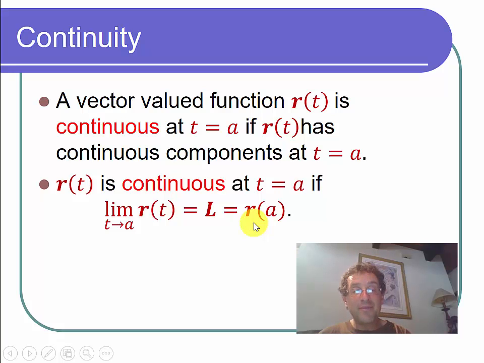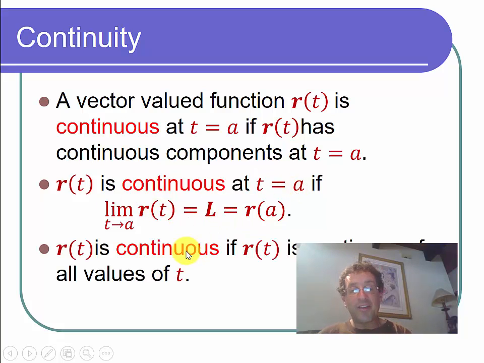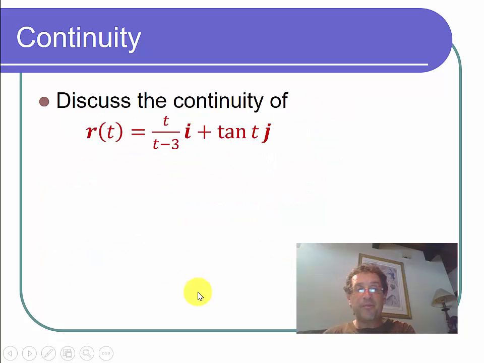And if they're the same, then we say the vector valued function is continuous at t equals a. So in general, r of t is continuous if r of t is continuous for all values of t. So if it's continuous for any value you plug in, we call r of t a continuous vector valued function. So let's look at an example.